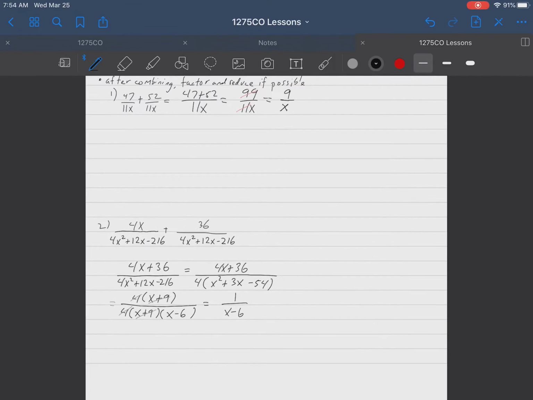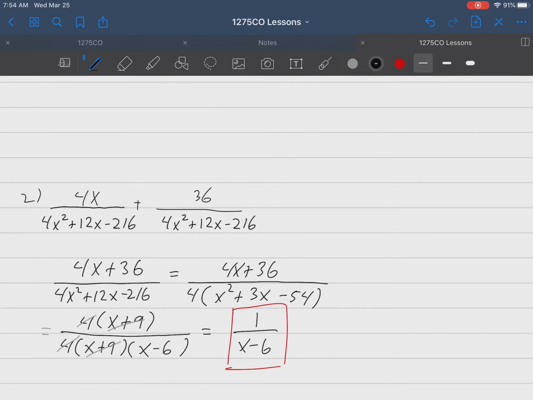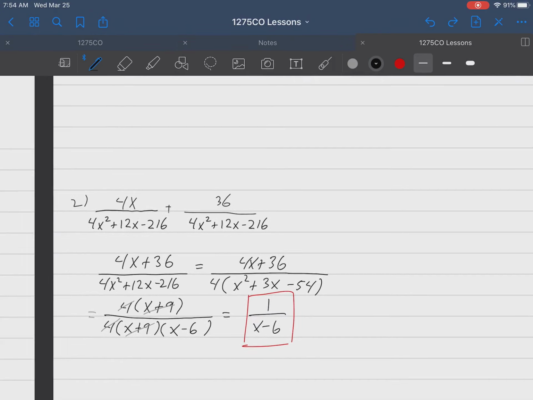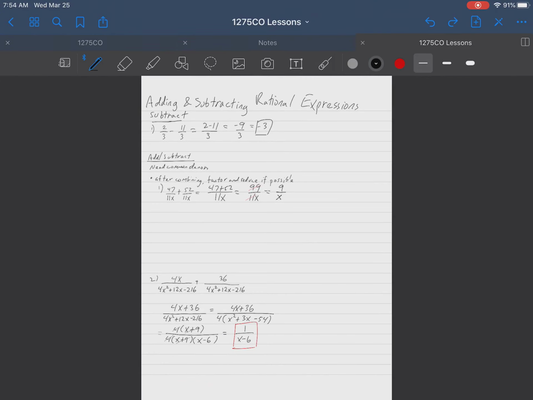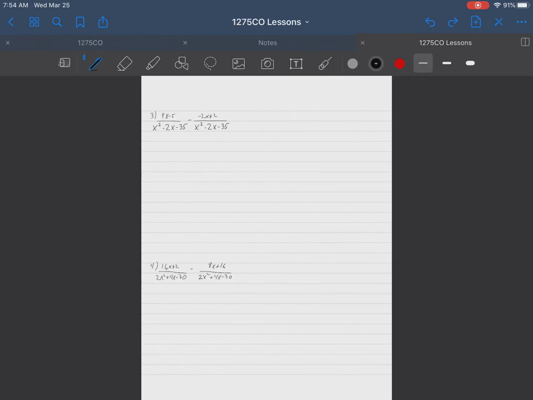And x minus 6 is on the denominator. And this is our final answer. So really, a lot of reducing here, not much in terms of addition. Just really writing down those two terms, 4x and then 36, added together.